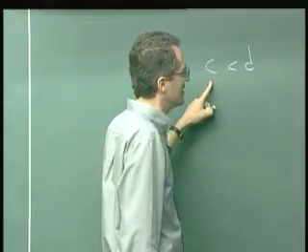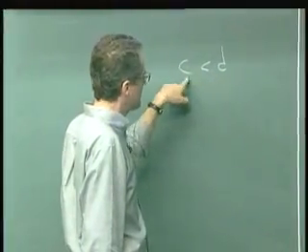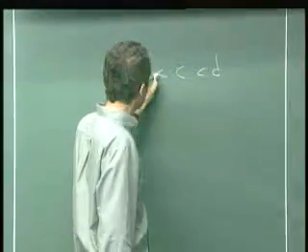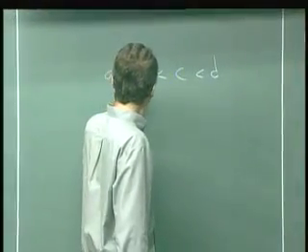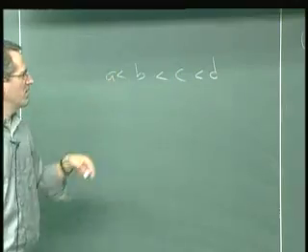D is less than C, I said. So C is less than D, and these nodes are all ordered like this. And there's other nodes in the middle there.